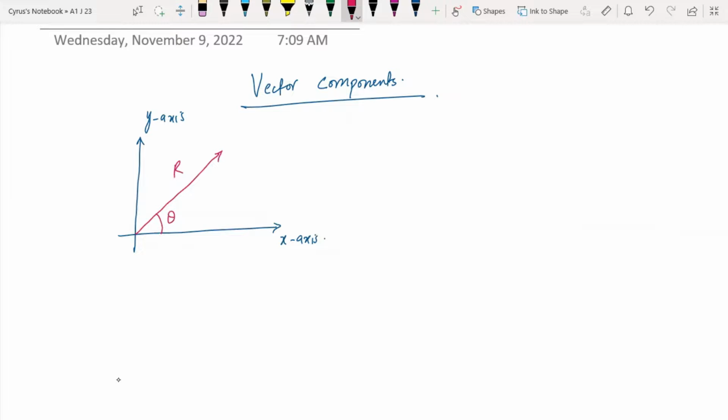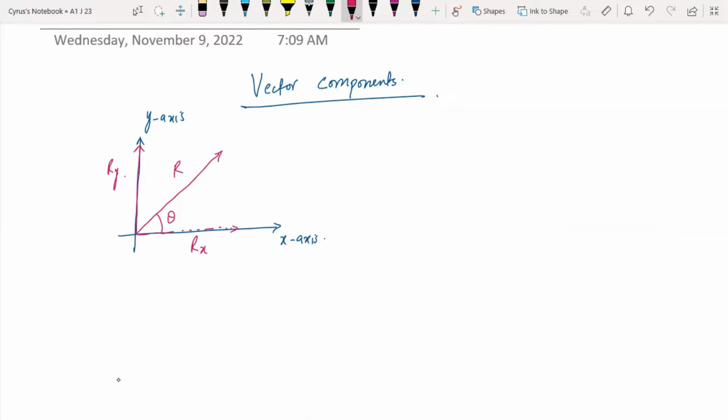Now you know that this vector r has contribution both in x direction and in y direction, right? This vector has a contribution in x direction, we call that rx, right? This vector has a contribution in y direction, we call that ry.